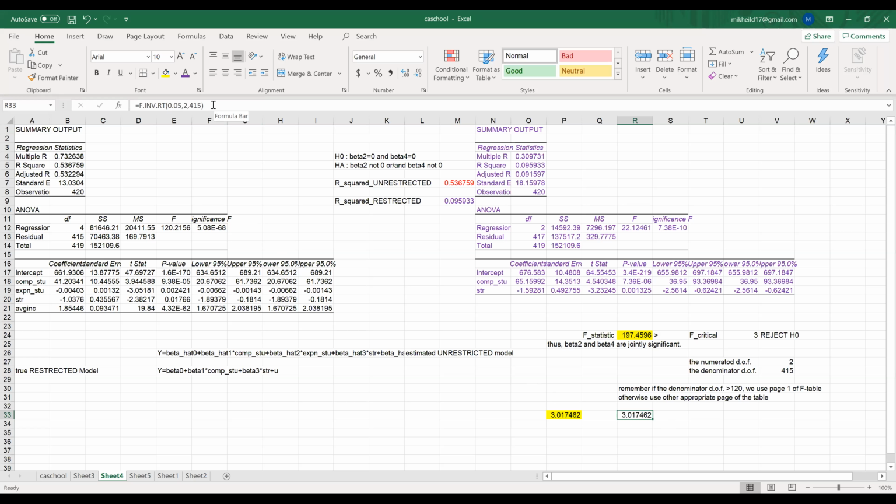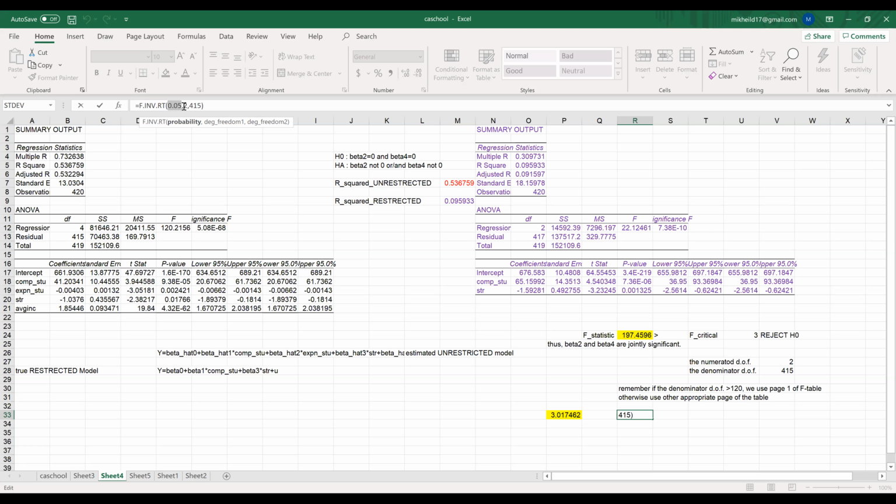Okay. All right. But this is the function, guys, to obtain the F critical. That's what you write in Excel. Here, 0.05 stands for the 5% significance level. As I said, if you want, let's say, 10% significance level, then you would instead write 0.10, right?